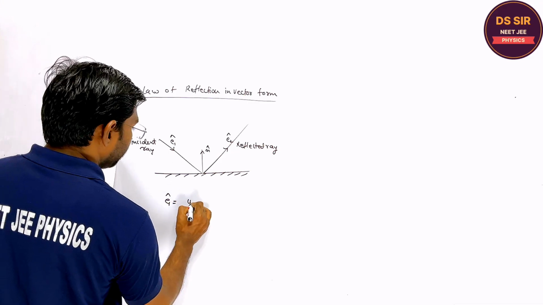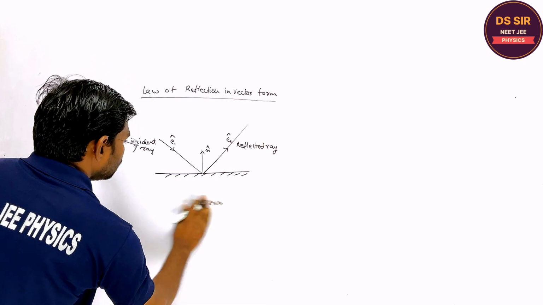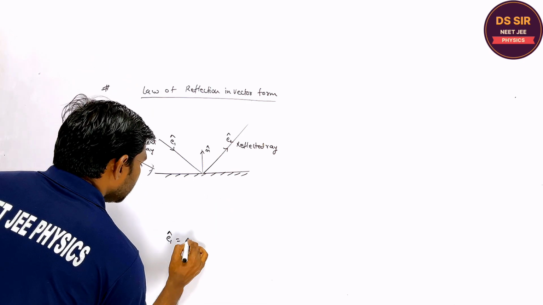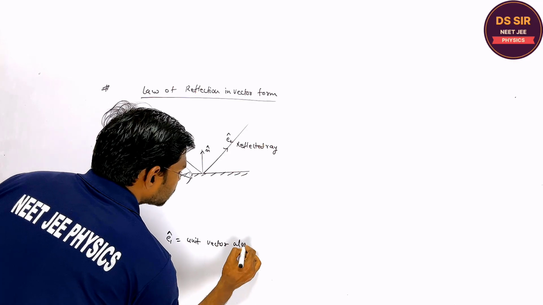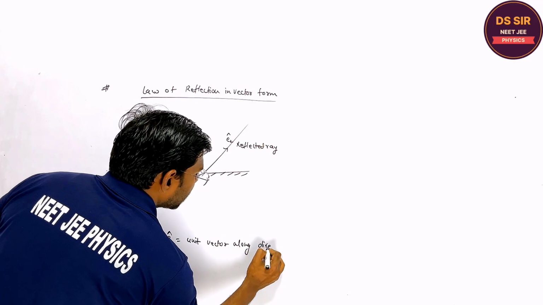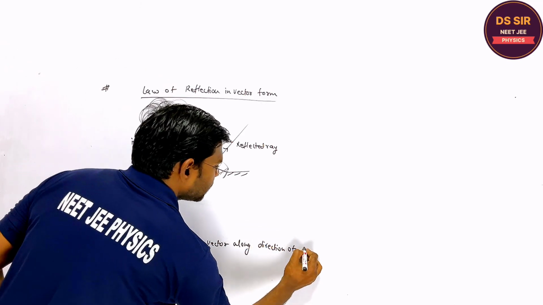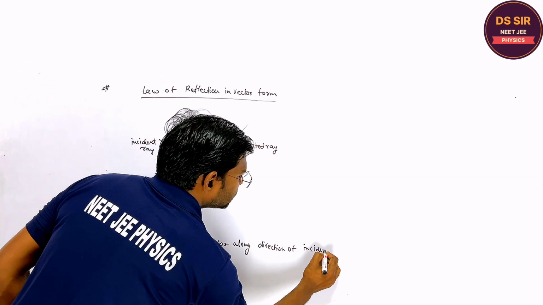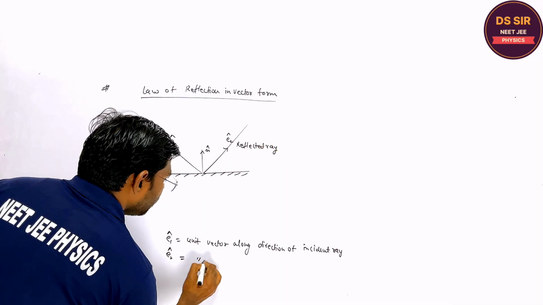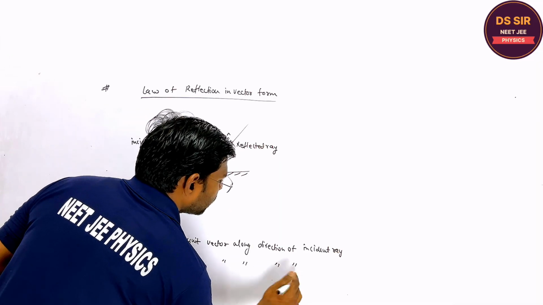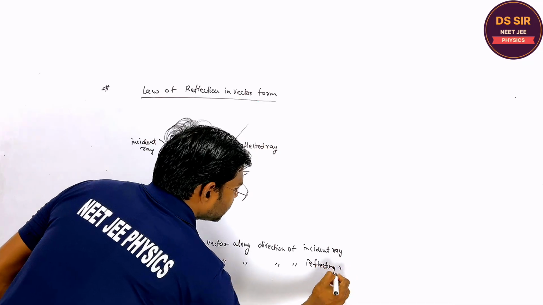You should write here, E1 is the unit vector along the direction of the incident ray. The E2 vector is the unit vector along the direction of the reflected ray, right?